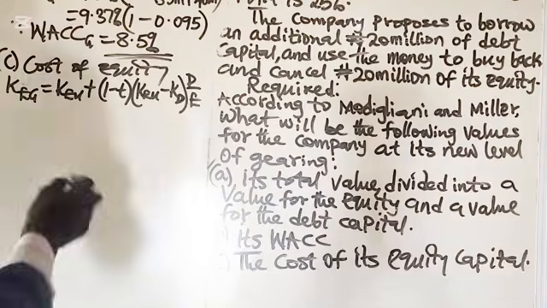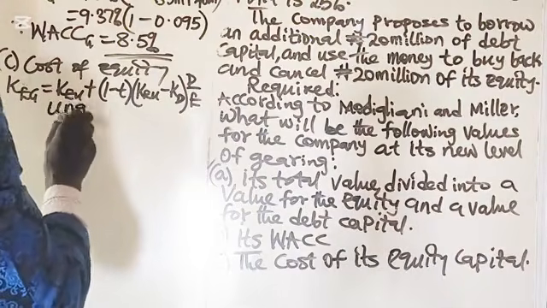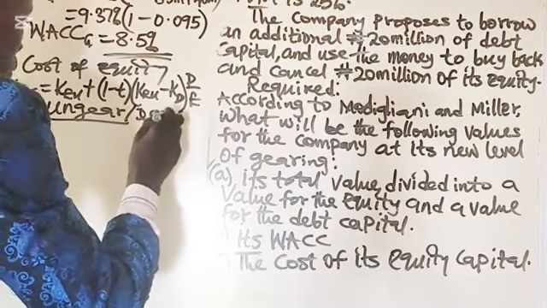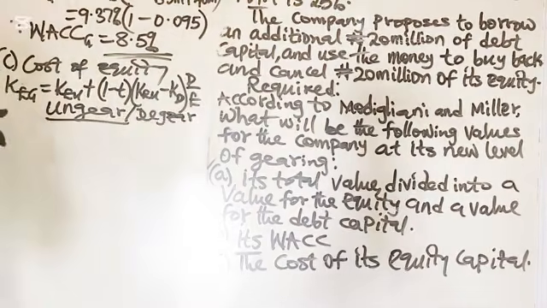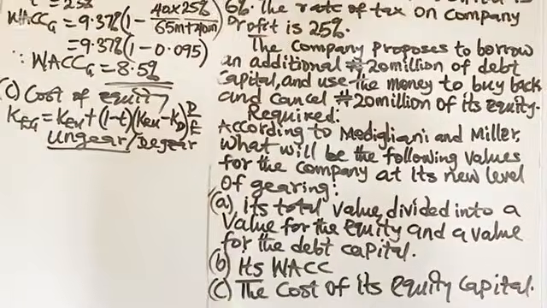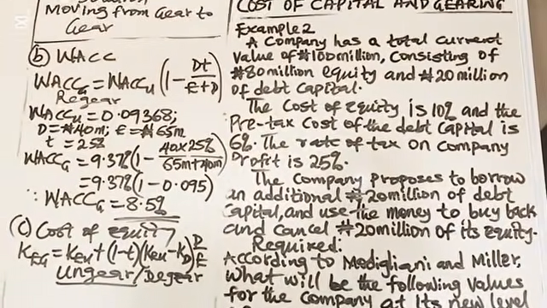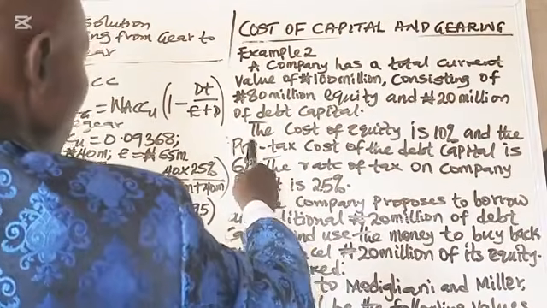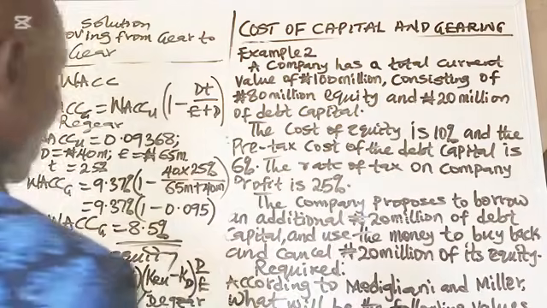So the procedure I've given you is to ungear first. To ungear the old cost of equity, you use the old data. The old cost of equity is 10%.